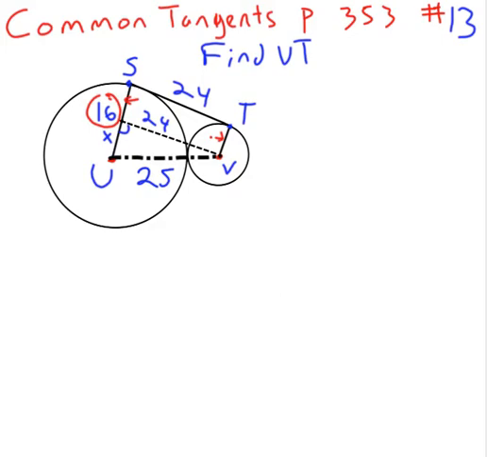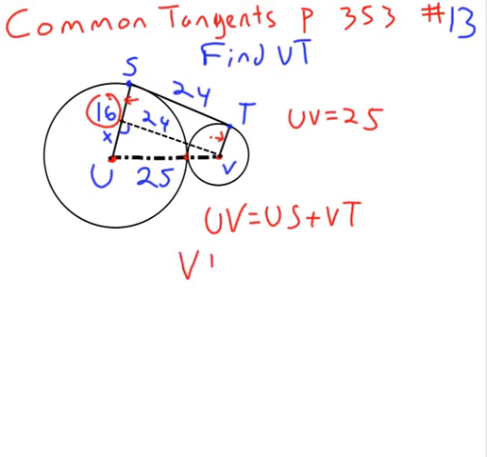If you notice the section UV equals 25. Now, what is going on in the section of UV and the big circle? Well, that's just the radius of the big circle, right? So UV, we could also express UV is the sum of US plus VT. Do you see that? It's really the sum of the radii.